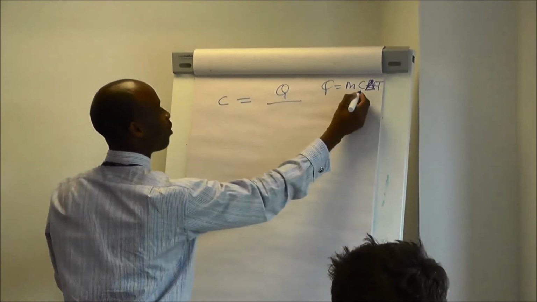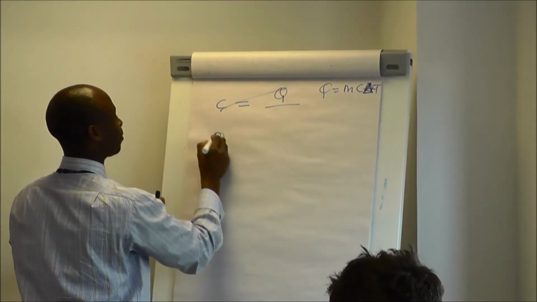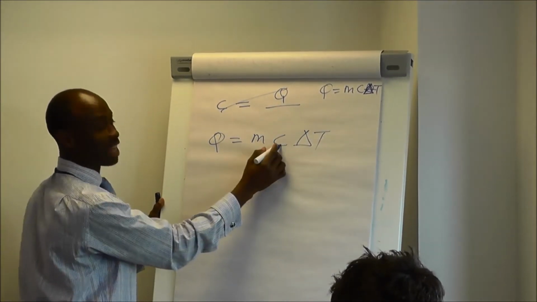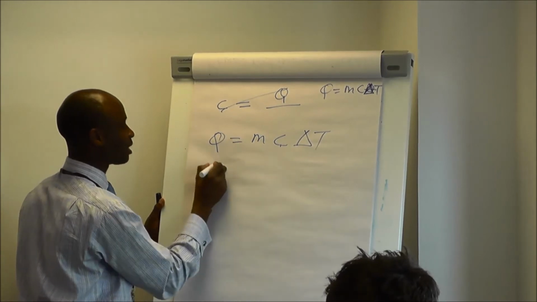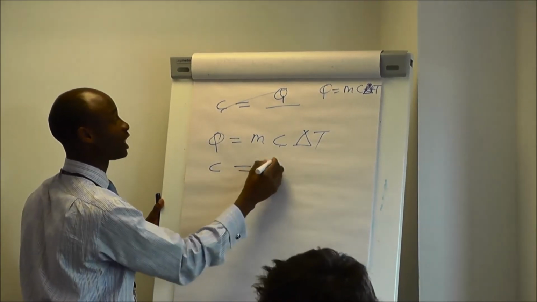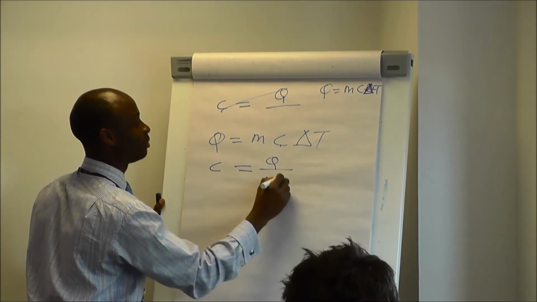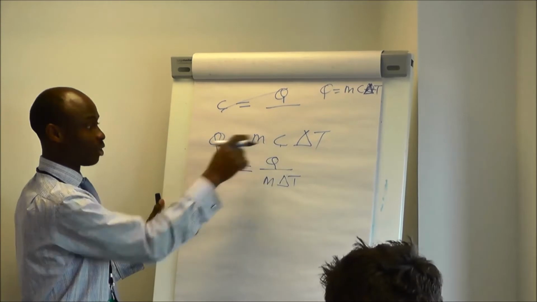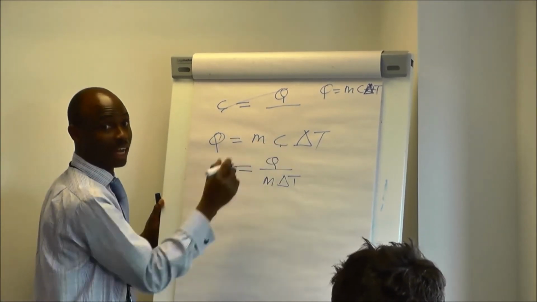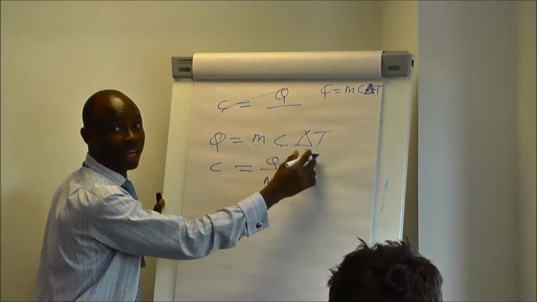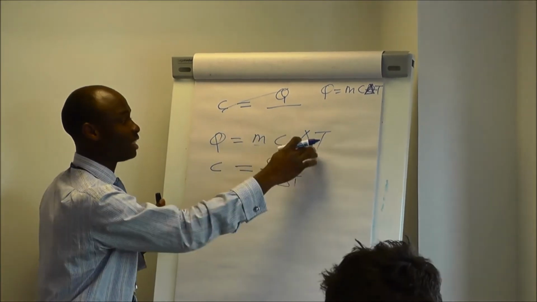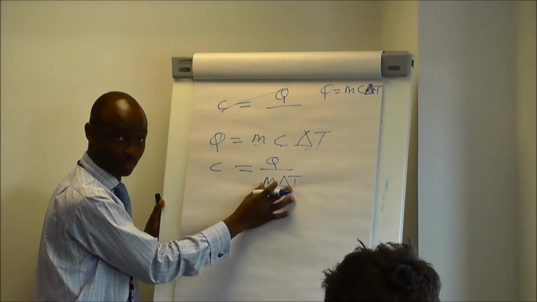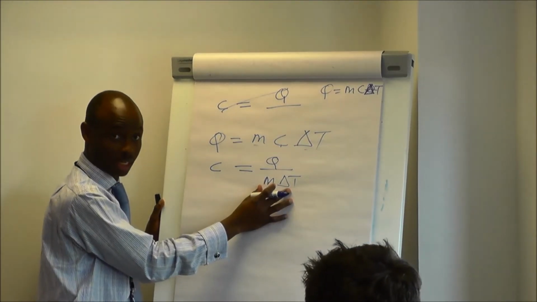Now, if I want to bring this out, heat capacity C will be equal to Q all over M delta T. All I need to do is divide by M and delta T. That will cancel this out, and this will stay here as a denominator. Do you understand that?